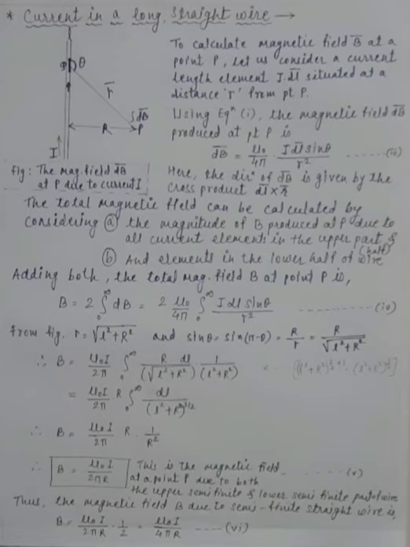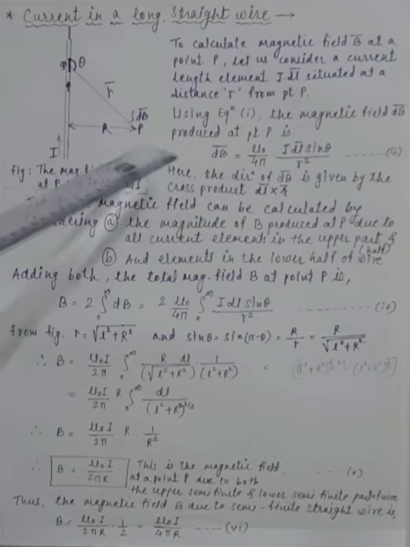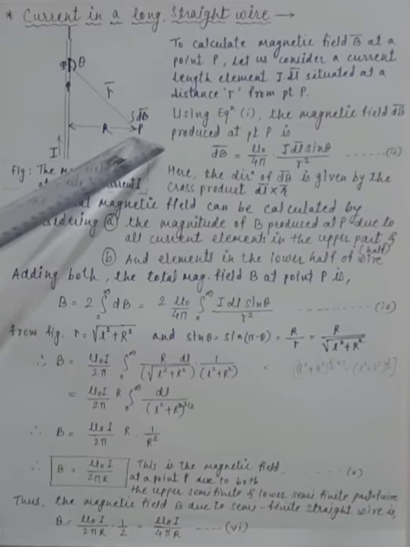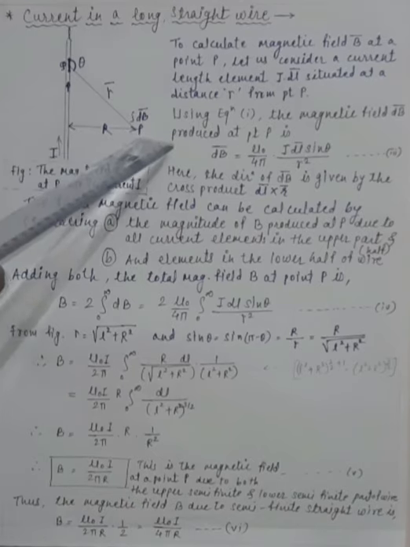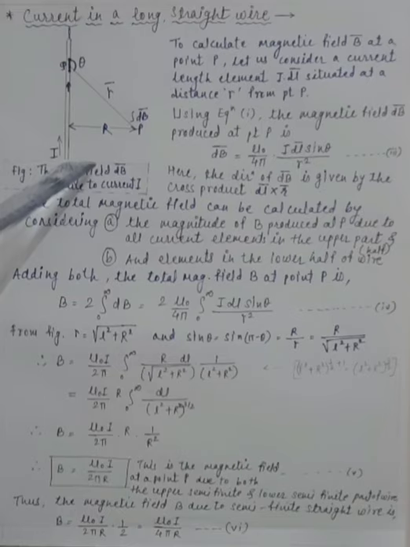Now let us consider the application of the Biot-Savart law. The figure shows a long straight wire carrying current I, having length L. Suppose P is any point at a perpendicular distance r from the current carrying wire.